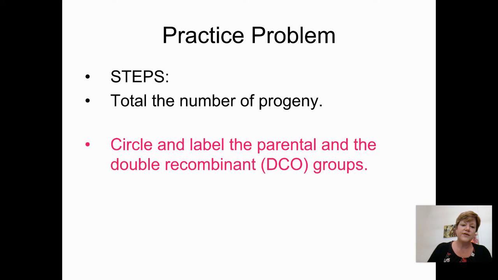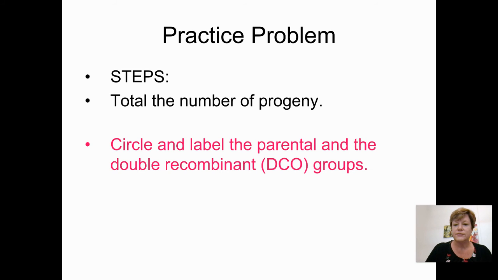So we're really trying to figure out which gene is in the middle of the sequence of 3. And in order to do that, we're going to follow these steps. You're going to identify the parental allele combination groups and the double crossover or double recombinant groups.